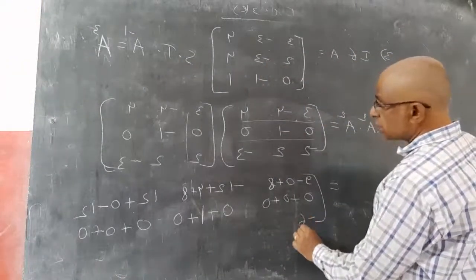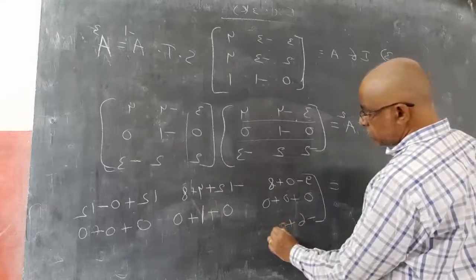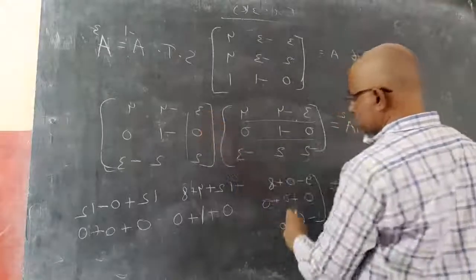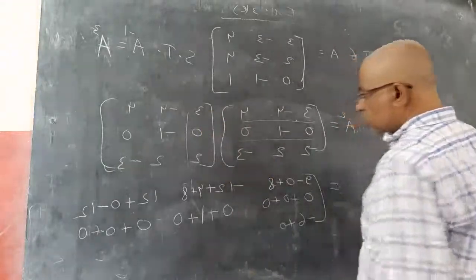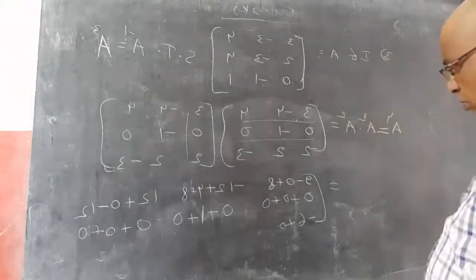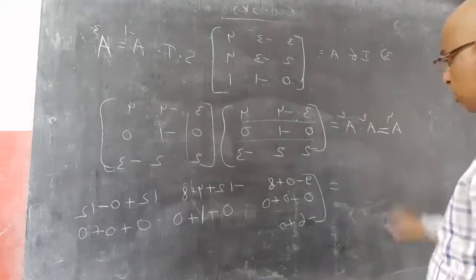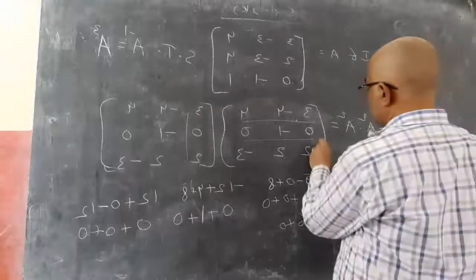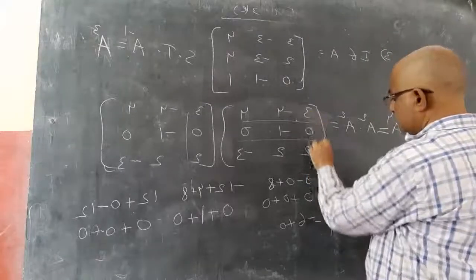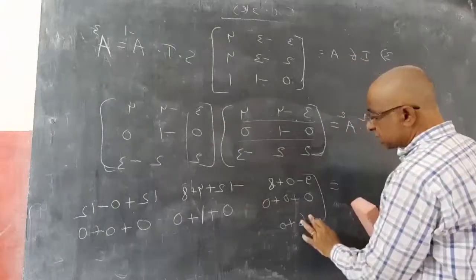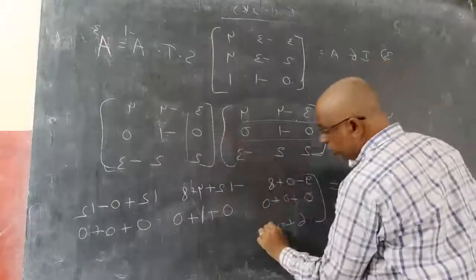Minus 6 plus 0. This is minus 6 plus 0 plus 2. This is actually bracket, I am considering minus. This is 2 into 3, plus 6 plus 0 minus 6.